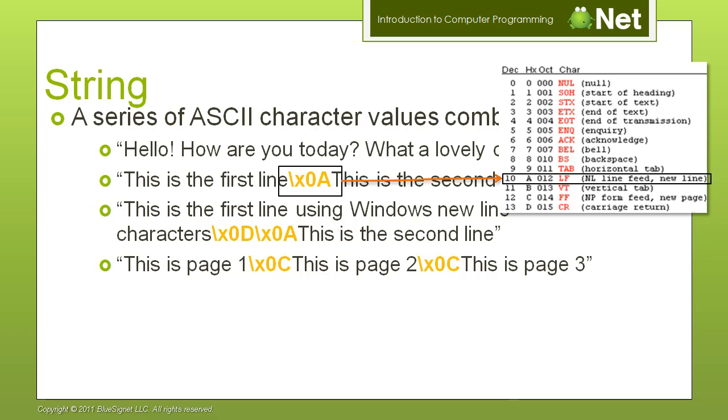When this string is printed to a console or to a screen, it'll print, this is the first line, and then it'll get to character \ hex 0a, which is the new line, or the line feed. Which is decimal 10, which is where that hex value comes from. Right. And then it'll start printing on the next line, this is the second line. Now, one thing to also keep in mind is these hex values are a direct relationship to its numerical and its binary value.